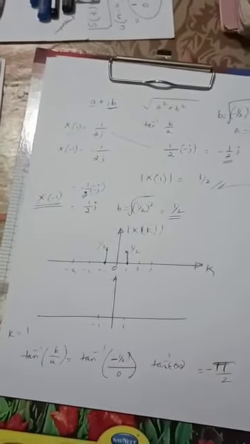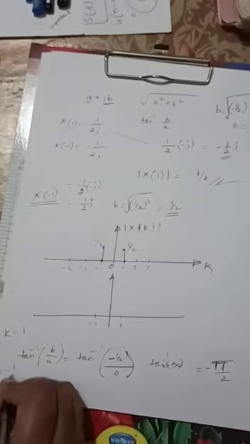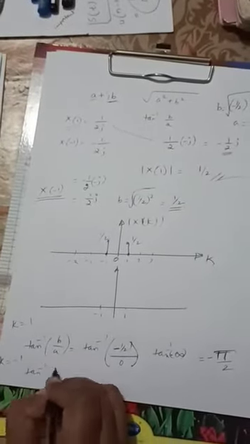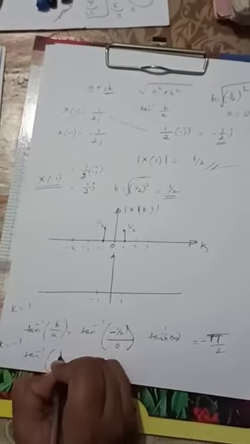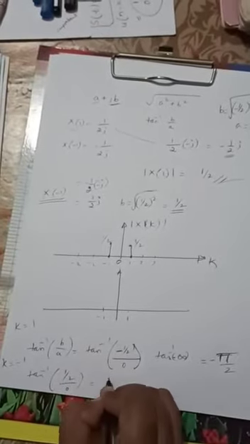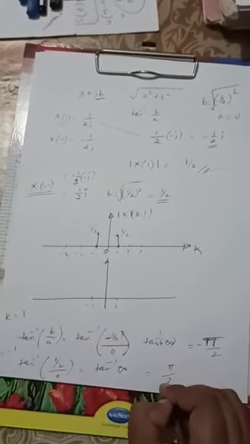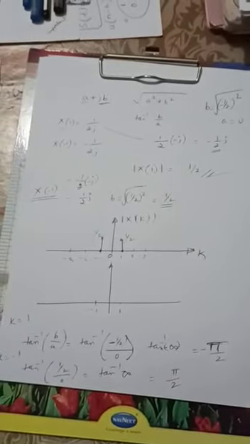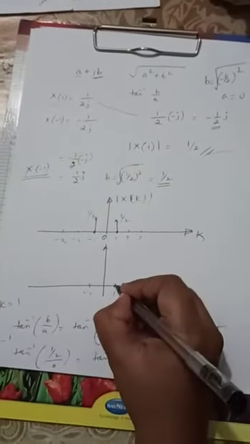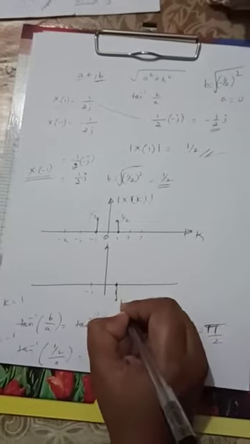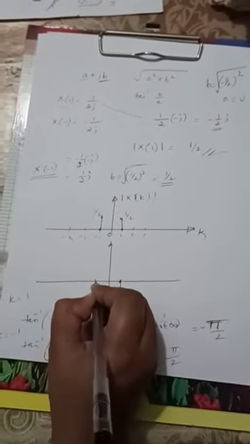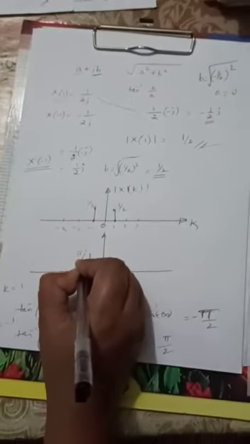For k equals minus 1, tan inverse of b, which is plus half by 0, gives tan inverse infinity, which is plus pi by 2. That's why for 1 it is minus pi by 2, and for minus 1 it is plus pi by 2.